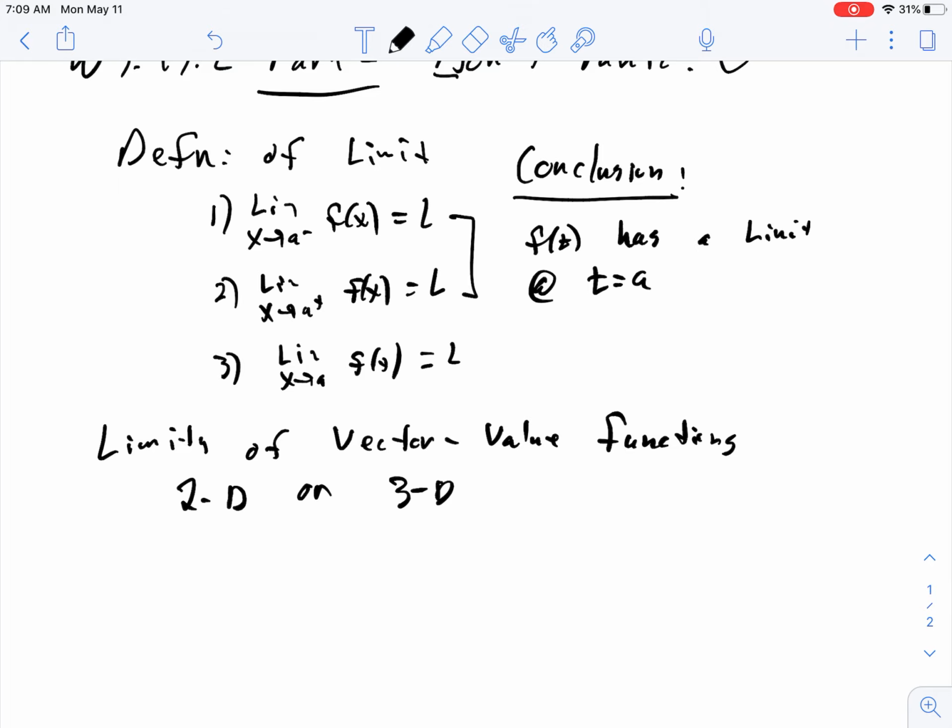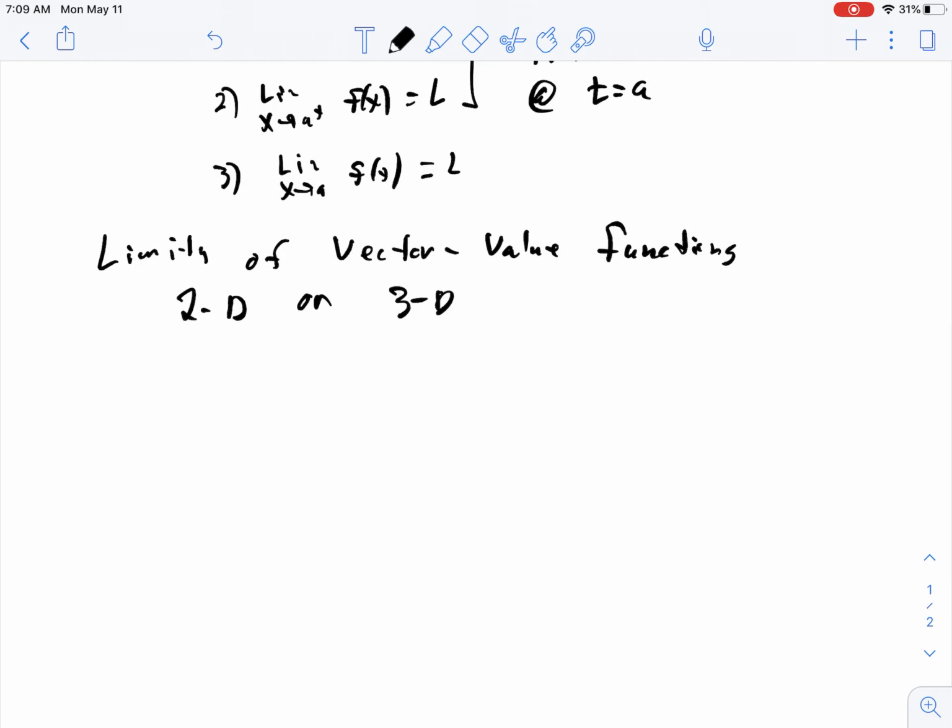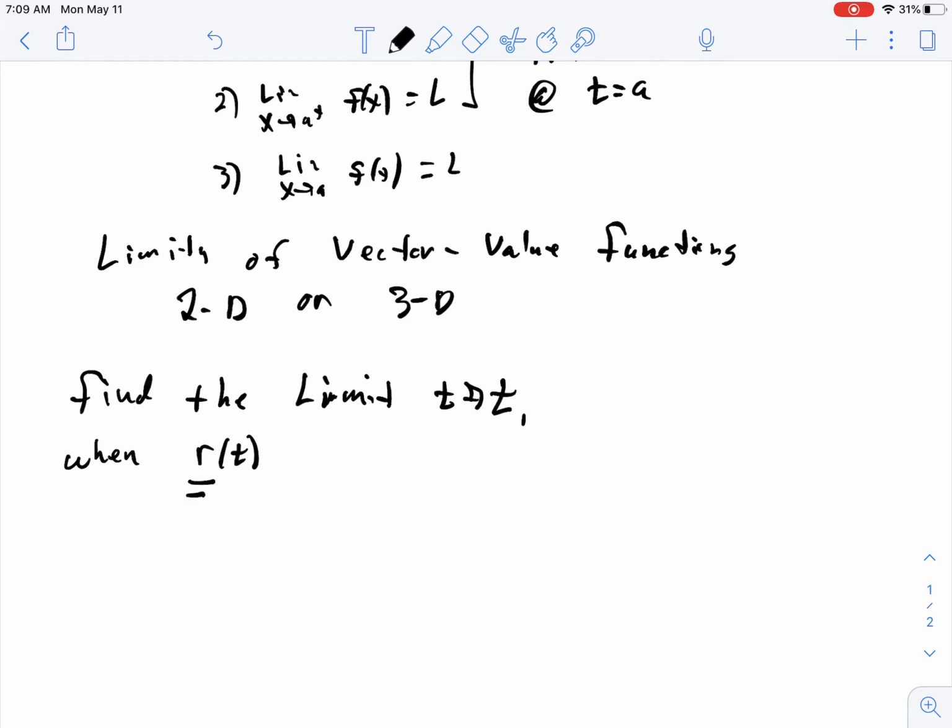So basically, let's just throw in the notation out here. So if I say find the limit as t goes to, and notice this is not a numeric value but a time, let's say t goes to t1, of r of t, and now this is not a line anymore, it's a function of values in terms of x and y and z.